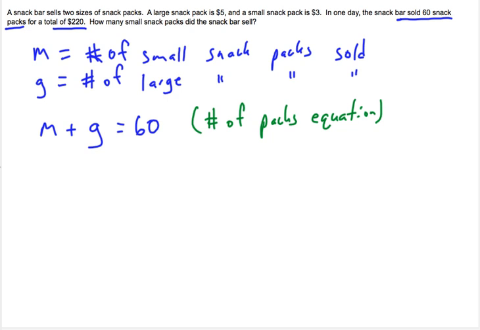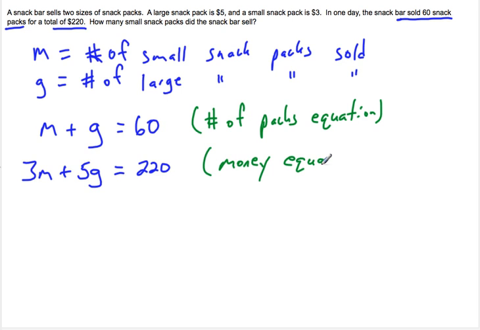If we sell 2, we make $6. If we sell 3, we make $9, and so on. And so what we realize is that if we just multiply the amount of money times the number that we sold, this is the amount of money we make from small ones. And this, in a similar way, is the amount of money we make from big ones. And so the amount of money from small plus the amount of money from big should equal the total amount of money. So we could say this is our money equation.